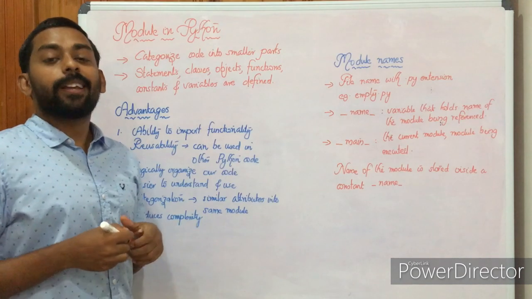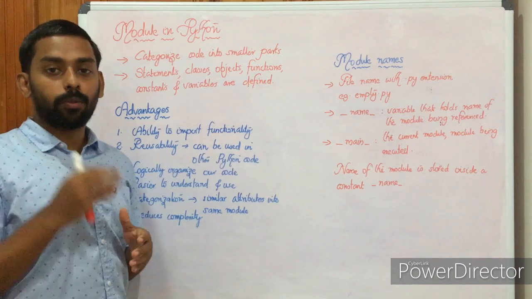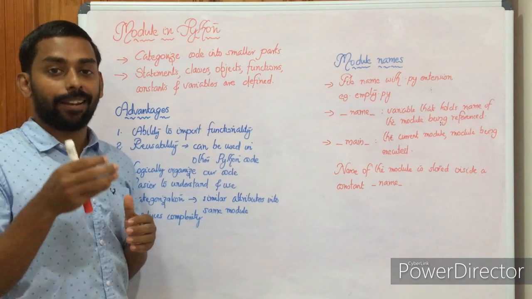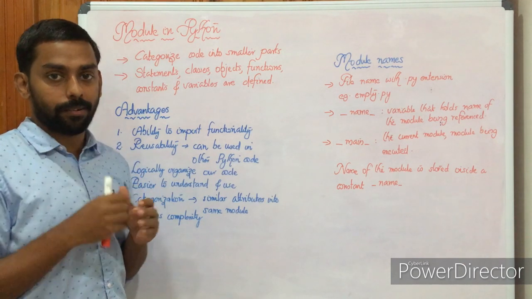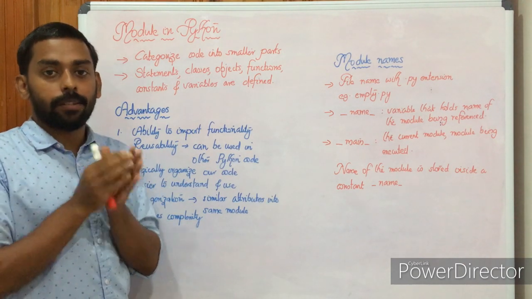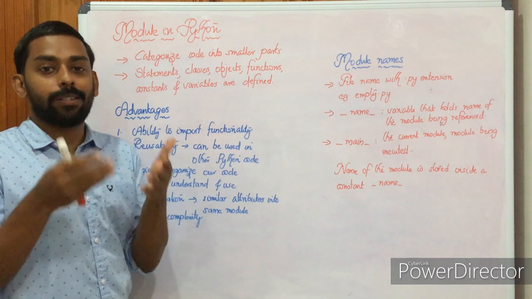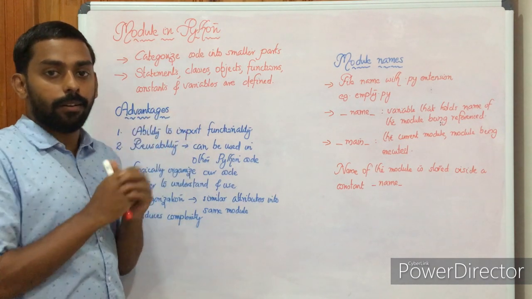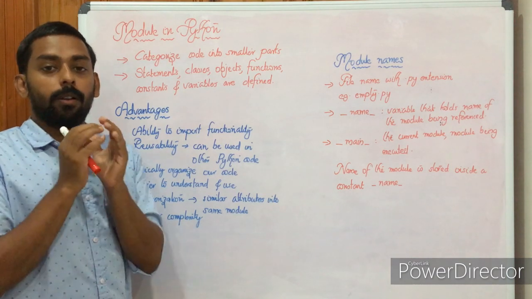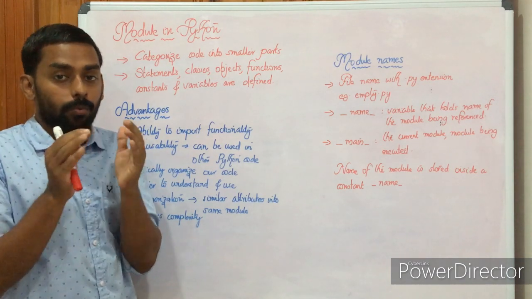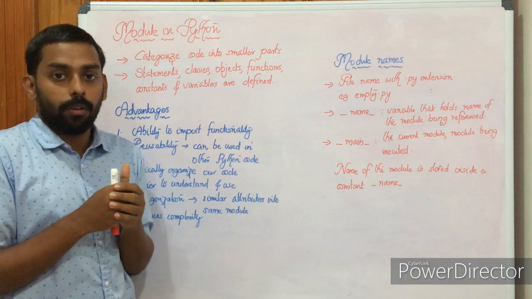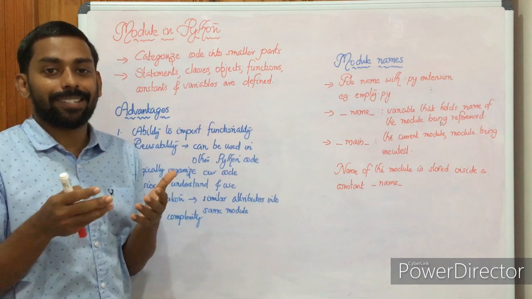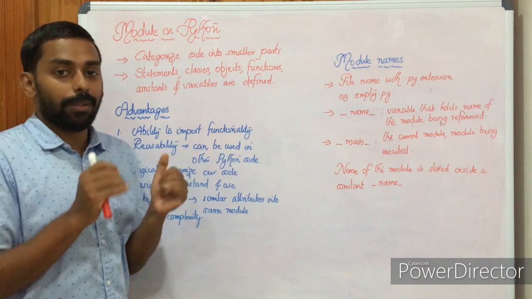Next we have modules in Python. We know modules are used to categorize our Python code into smaller parts, right? So statements, functions, variables, constants and classes are defined in a Python module. A Python module consists of all these ingredients: functions, variables, constants, classes, objects, and some other statements.